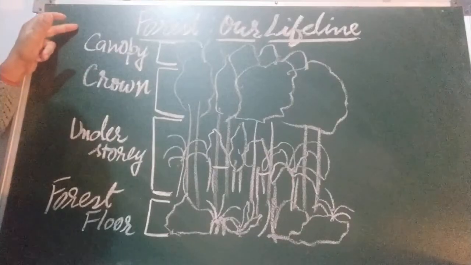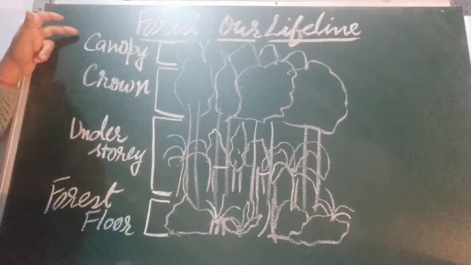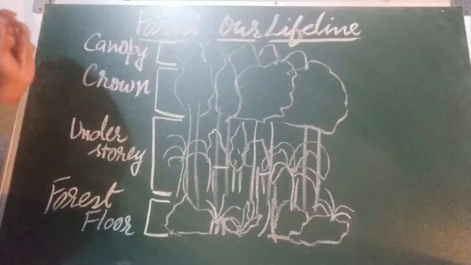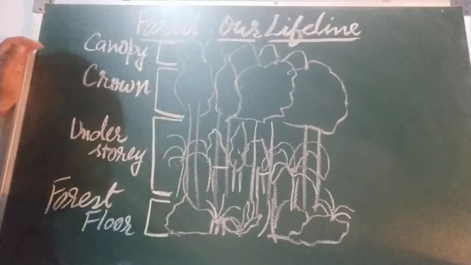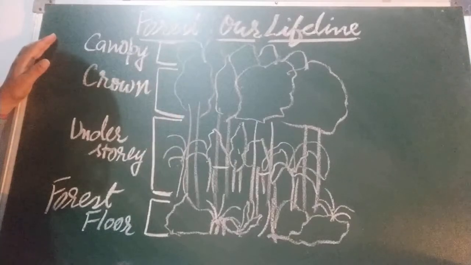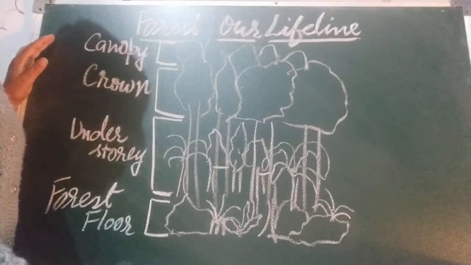So the uppermost branches and leaves of tall trees, which act like a roof or umbrella over the smaller trees in the forest, is called the canopy. Clear children?